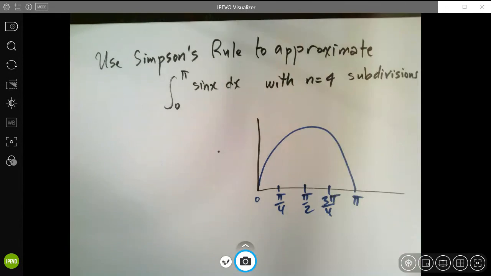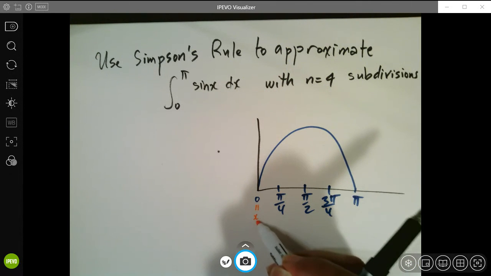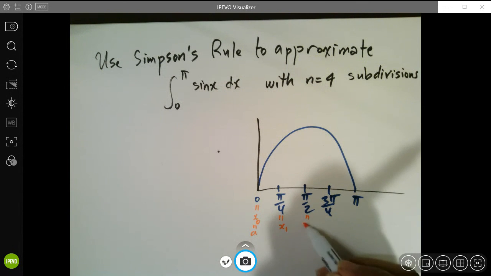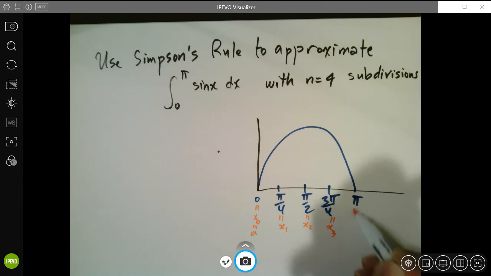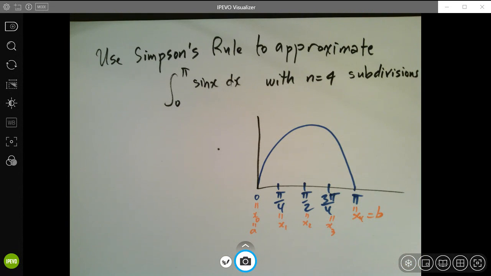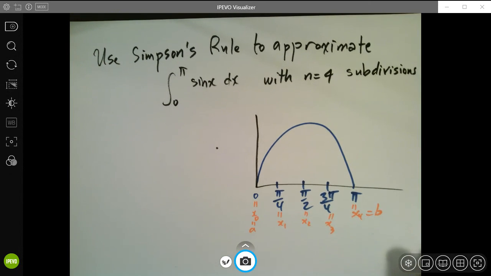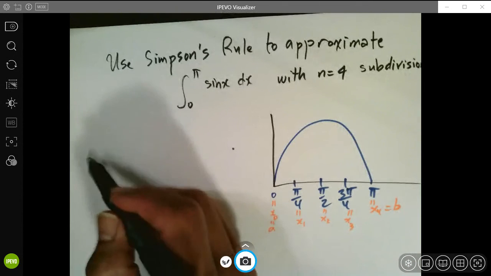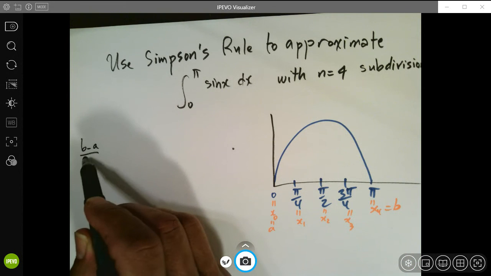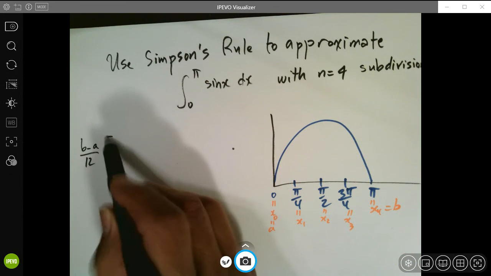Now, if you go all the way, what will I get? This is x naught for a, x1, x2, x3. Okay, what did we say? The 4-2 pattern will repeat. So what is the formula actually? If you remember, for n equals 4 it is b minus a over n over 12.